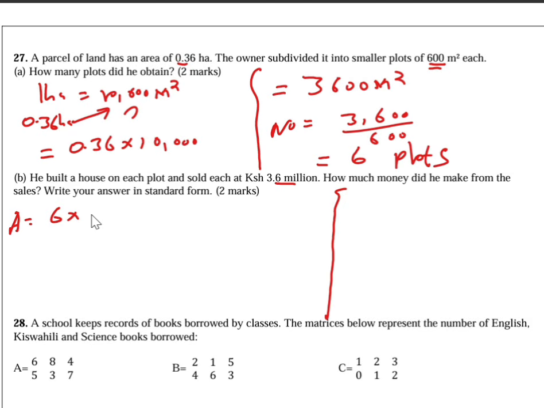So 3.6 million inamaanisha aje? 3,600,000. So you multiply these two. So 6 times 3,600,000, you'll see the amount is 21,600,000.